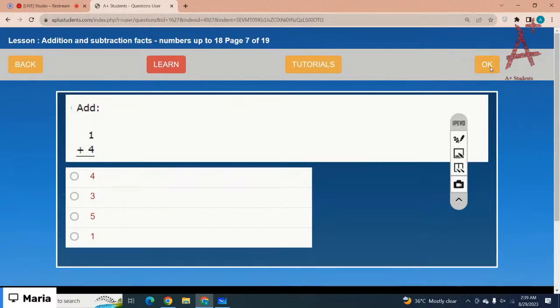The next one is again 4 plus 1. So 4 plus 1 equals 5. The correct option is 5.